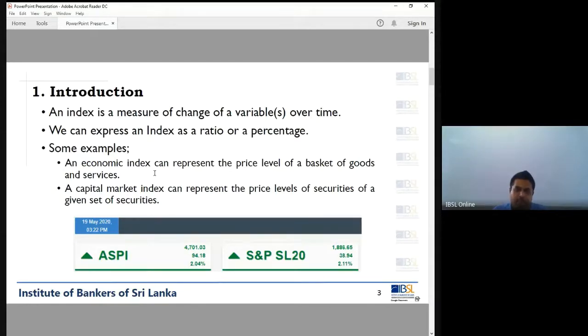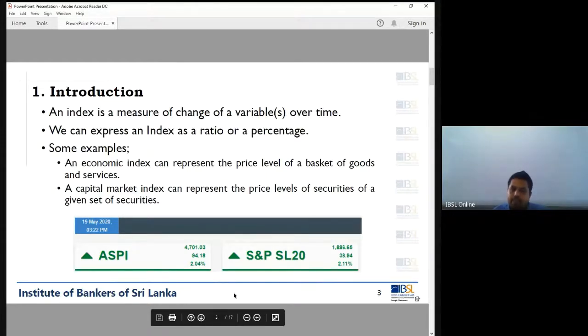Another example would be a capital market index. A capital market index can represent the price levels of a given set of securities. Look at this example picture that I've depicted here.